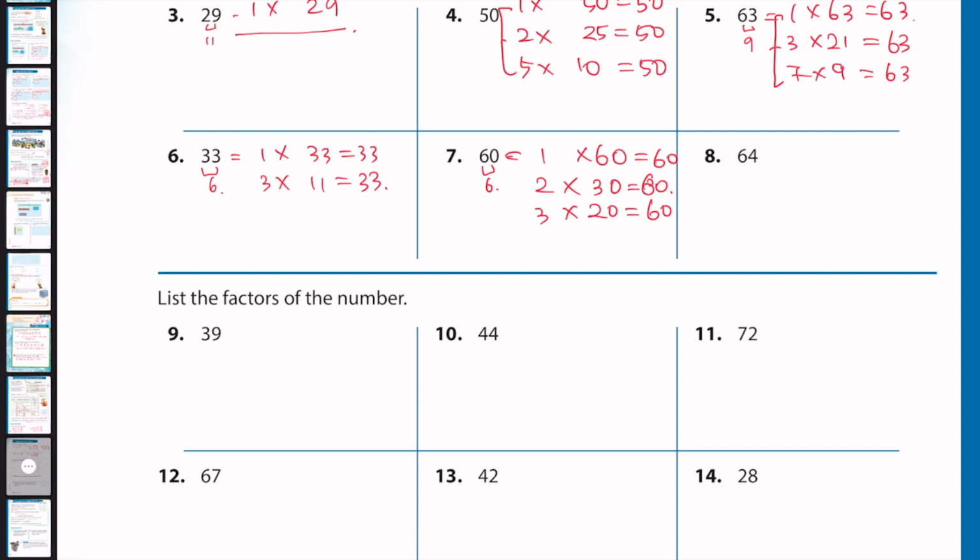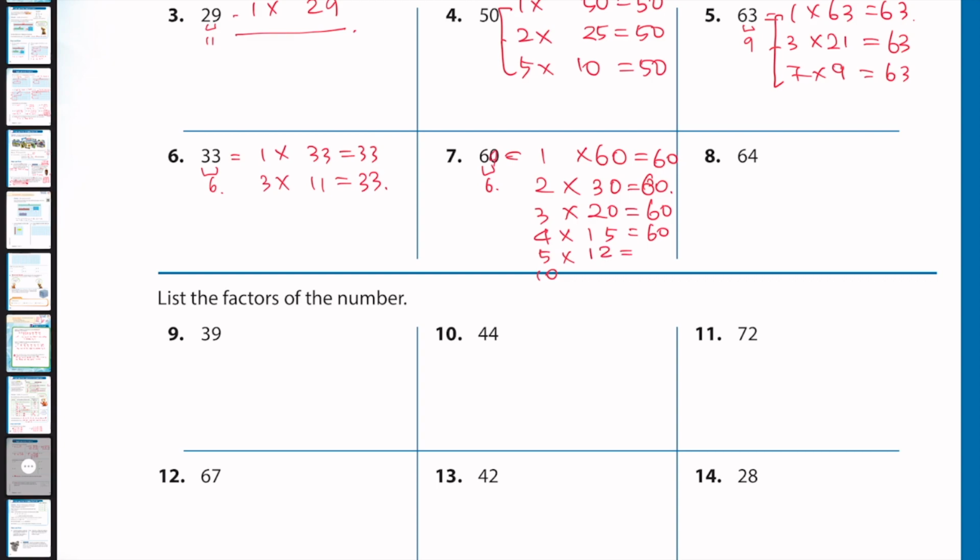And 4? Yes, because 4 can fit into 6 by 1. And then 4 times 5 is 20, which is 60 together. And since this ends with 0, it can be divisible by 5 and 10. So 5 and 10, I'm going to write it down. 5 times what?